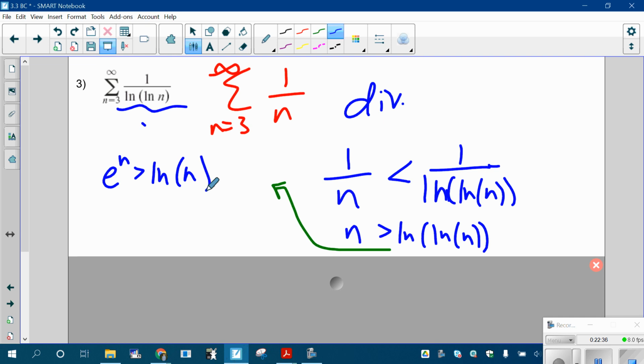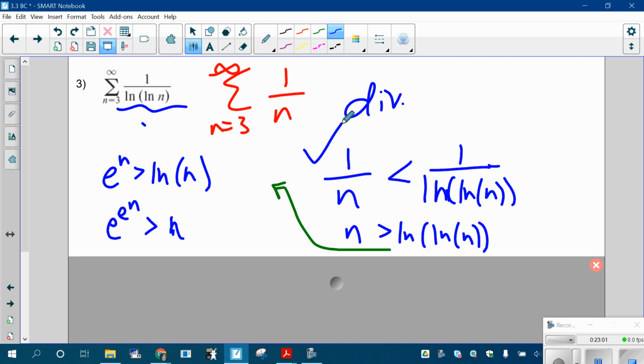I'm just going to use my exponent, flip it around from logarithm to an exponential. And I can do that again, and so that would be equivalent to trying to determine if this is true. Is e to the n bigger than n? Yeah, totally true, right? Like 2.7 to the third is bigger than 3. So this totally works.